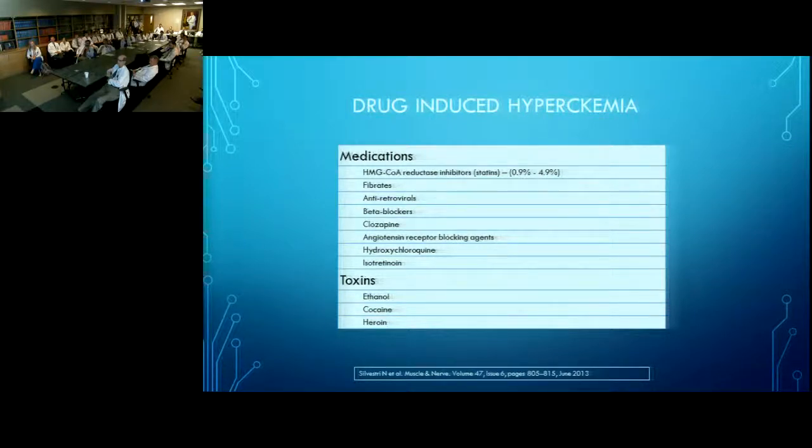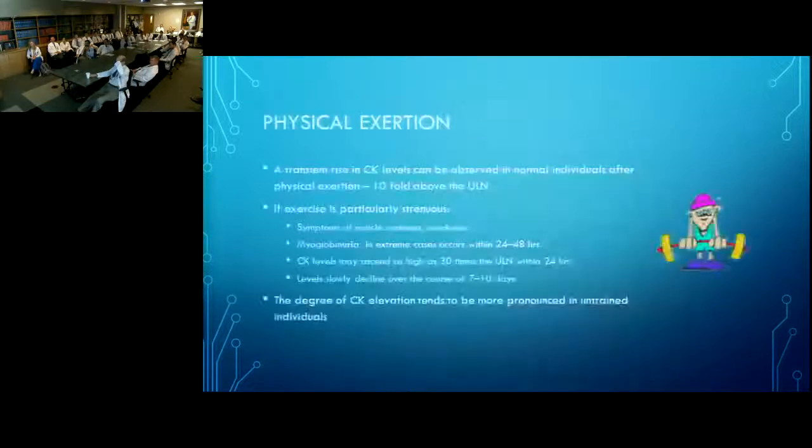Other medicines that can cause a high CK level are beta blockers, ACE inhibitors, hydroxychloroquine, and isotretinoin, which is formerly known as Accutane. And some drugs of abuse, like cocaine and heroin and ethanol, can also induce high CK levels.